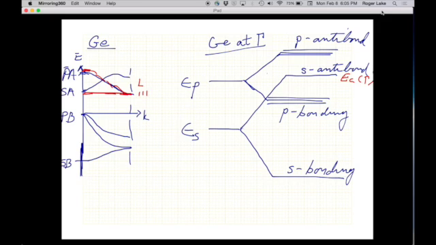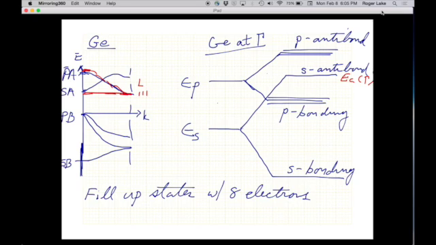So once we've done this, just like we worried about for the simple models, the question now would be, how do you know where the Fermi level is? Well, it's just a matter of counting. You fill up your states with 8 electrons, because you've got 2 atoms, 4 in each valence shell, so 8 total.